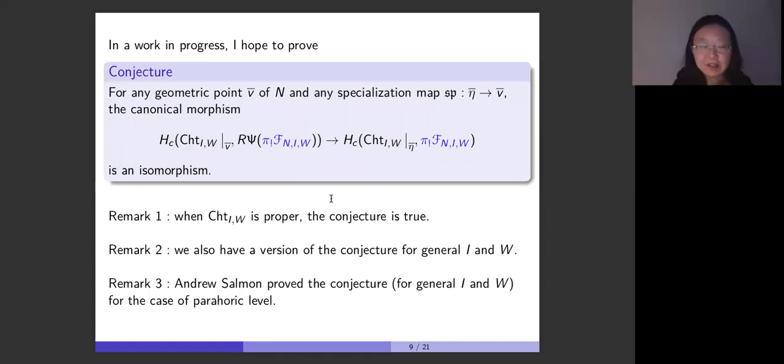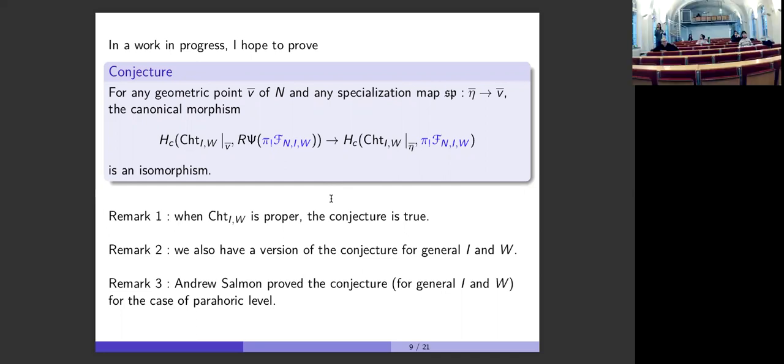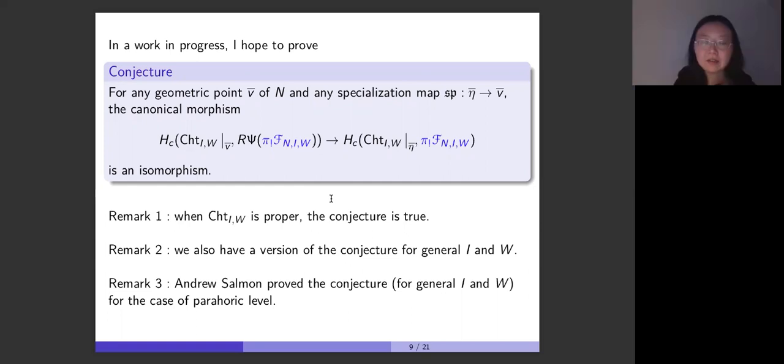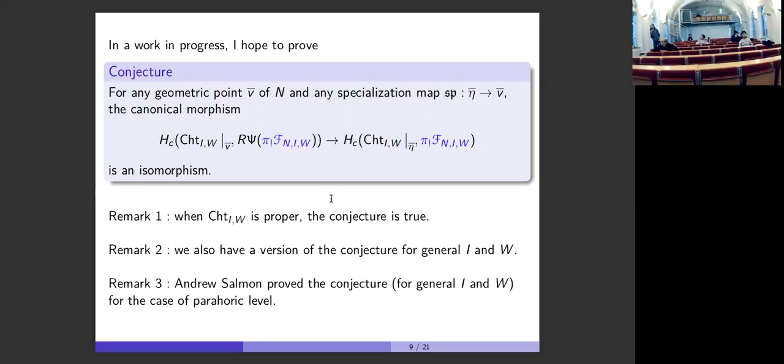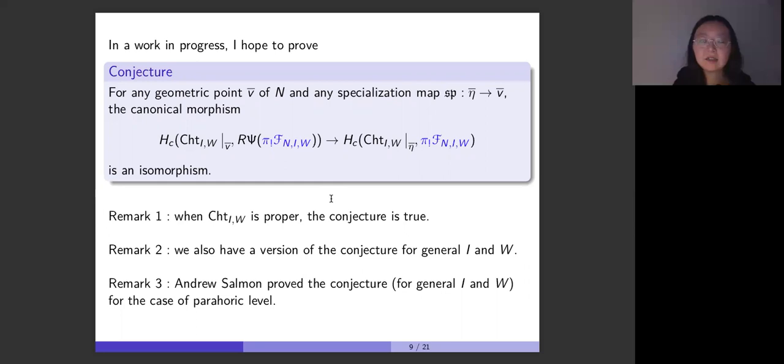I do not know. Perhaps the blow ups are hidden in the formulation. Okay. But it seems that although we have a definition of nearby cycle for a general base, we can define a nearby cycle like this, and I think that's what I want to put for the general version of the conjecture. But perhaps for other versions of nearby cycle, we can have other conjectures, and they are also true.